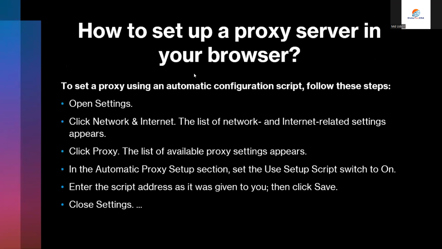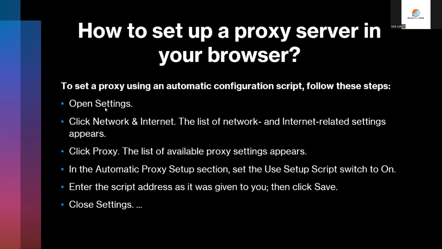You can set up the proxy server in your browser. To set up a proxy using an automatic configuration script, you can use these steps: open the settings, click network and internet. You can see the list of network and internet related settings appears. Click proxy and the list of available proxy settings appears. Try it on your computer.